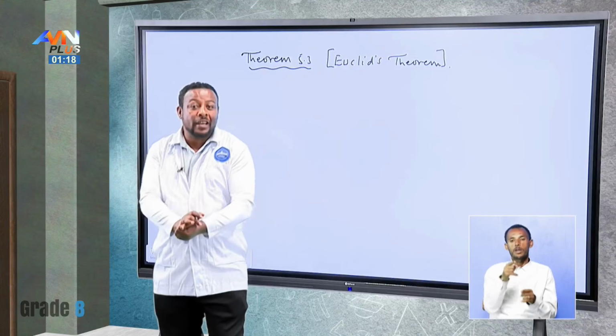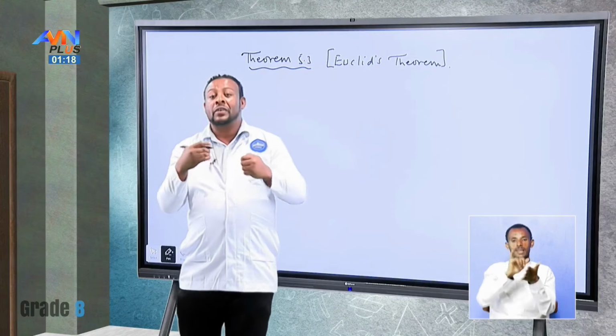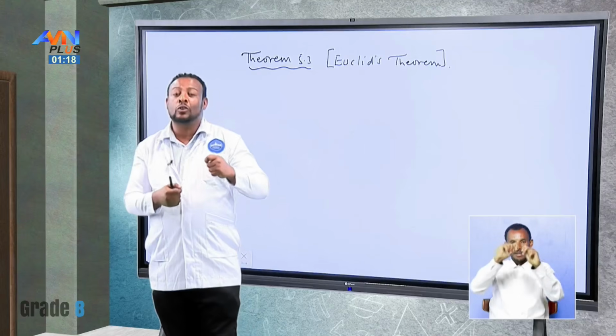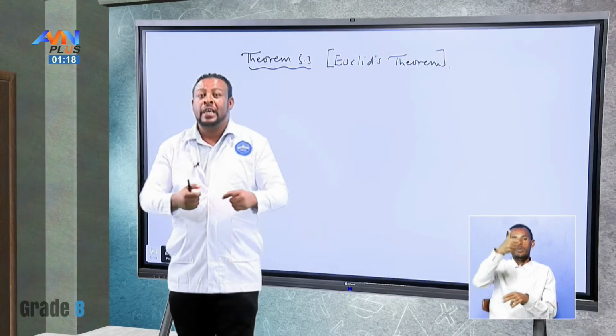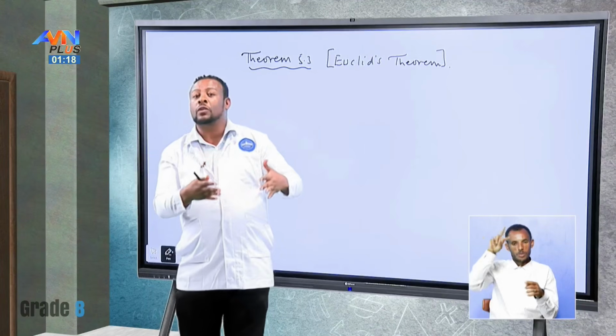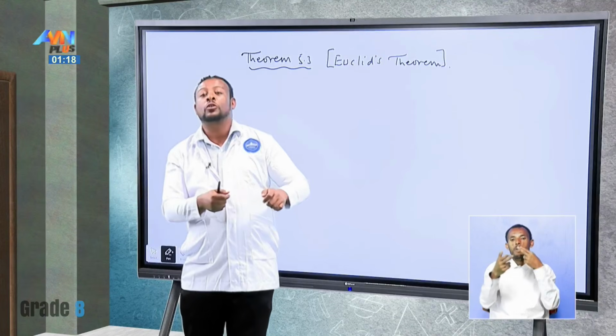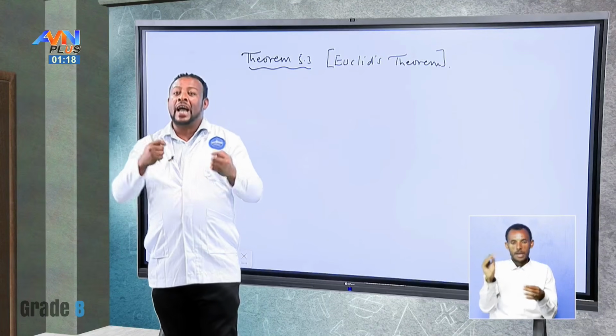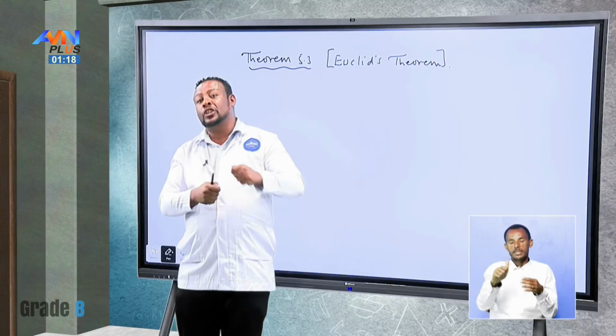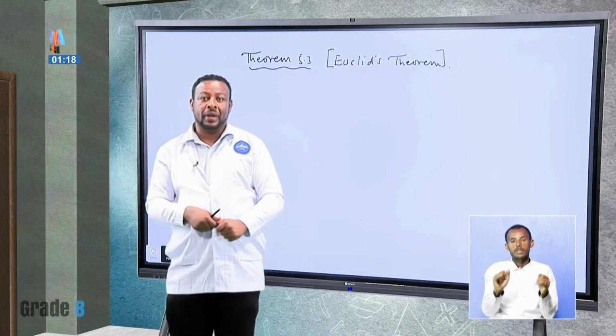And Euclid's theorem states that in a right-angled triangle with an altitude to the hypotenuse, the square of the length of each shorter leg is equal to the product of the hypotenuse and the adjacent segment into which the altitude divides the hypotenuse, right?